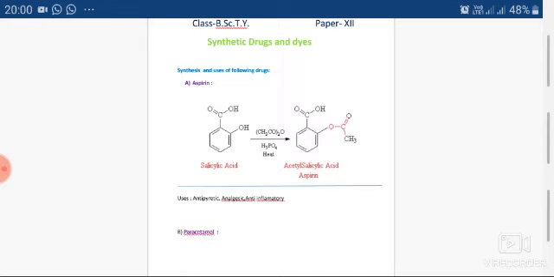Then this is also used as anti-inflammatory agent. It means if you have inflammation in your body, then this drug can be used as anti-inflammatory agent so that we can recover.